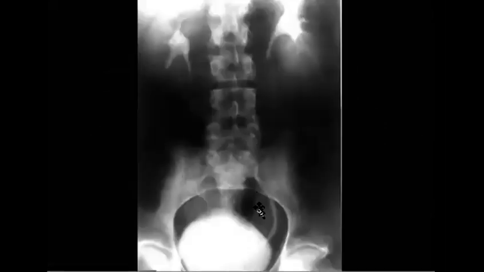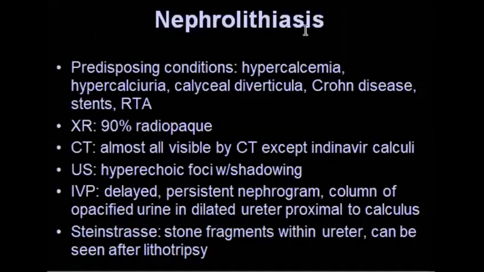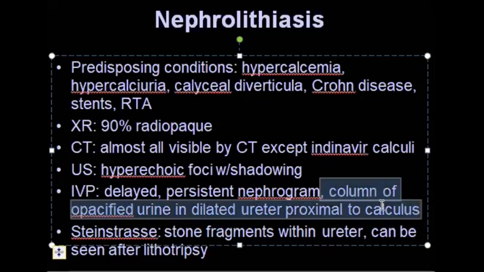Then go to the IVP and look. If there is any stone obstructing this, then you know that this column of contrast is held by nephrolithiasis. Or a stone, yes. The column of contrast can be dilated or even minimally dilated, as in this case, proximal to the stone.